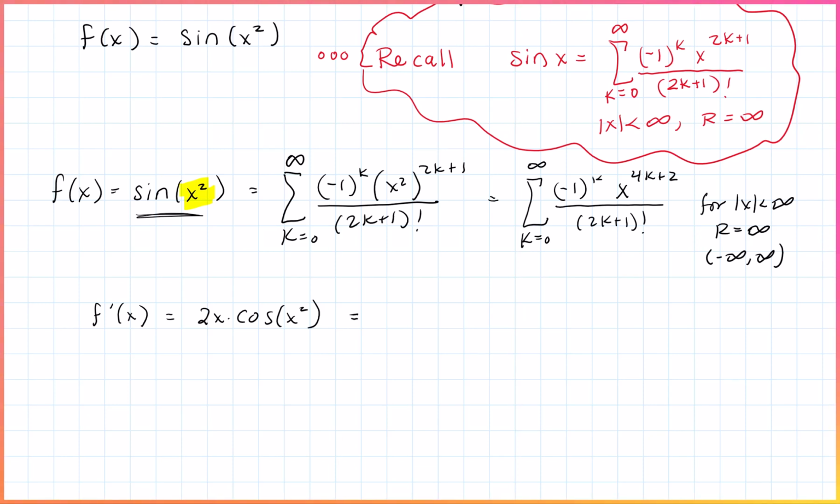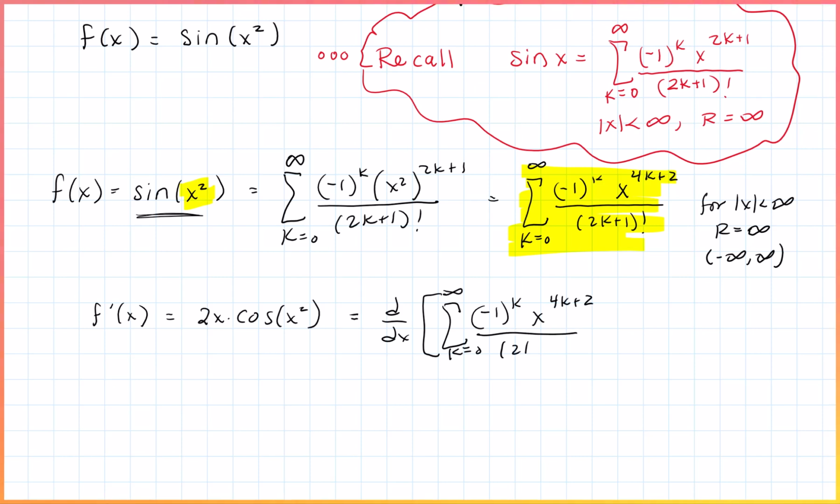So now let's take a look at the simplified version of the power series and take the derivative term by term. Let's take the derivative of the power series from k equals 0 to infinity, negative 1 to the k, x to the 4k plus 2, all over 2k plus 1 factorial. When we take the derivative, we can bring that derivative symbol inside and take the derivative.